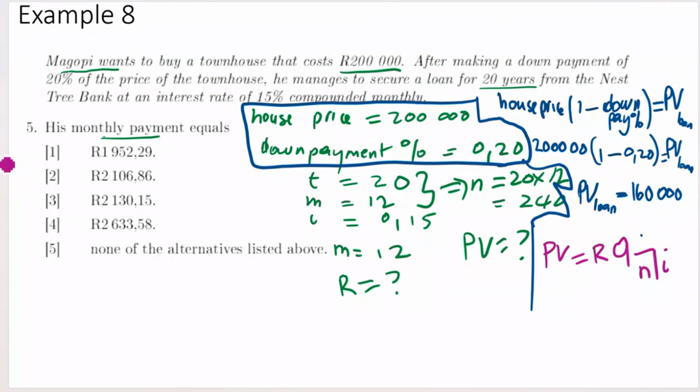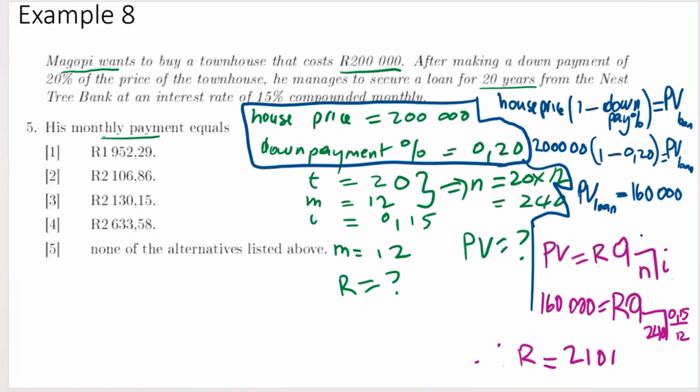So your PV is 160,000, which is equal to R, what you are looking for, with n equal to 240 and i equal to 0.15, compounding monthly, 12. Therefore your R is going to be equal to 2106.86.